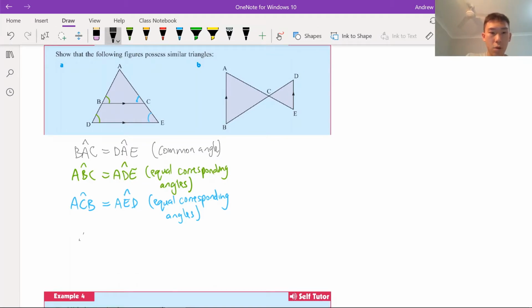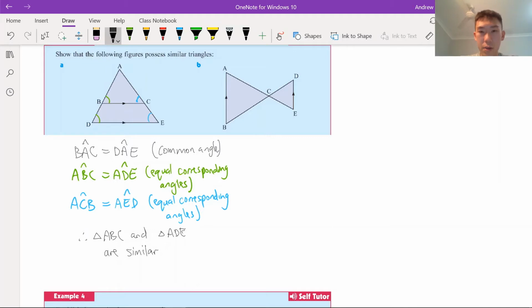Alright, therefore, triangle ABC and triangle ADE are similar. Okay, easy peasy. And we're going to do something very similar to triangle B. No pun intended.